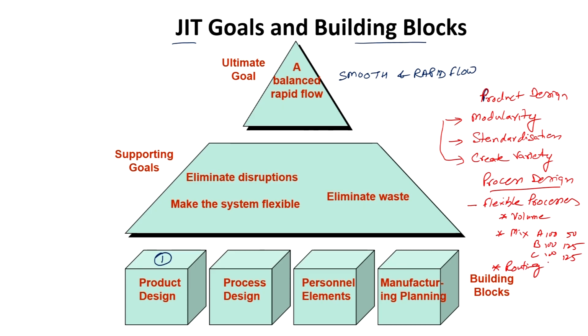If one machine is not working or there is overload, I can route the job through some other process. There are several other types of flexibilities, but in this unit of JIT, volume flexibility, mix flexibility and routing flexibility are the important process flexibilities which should be there in our processes.